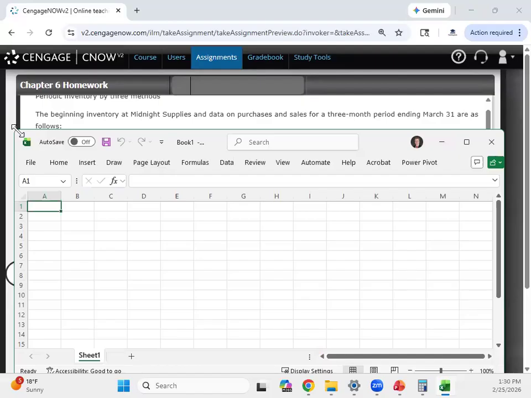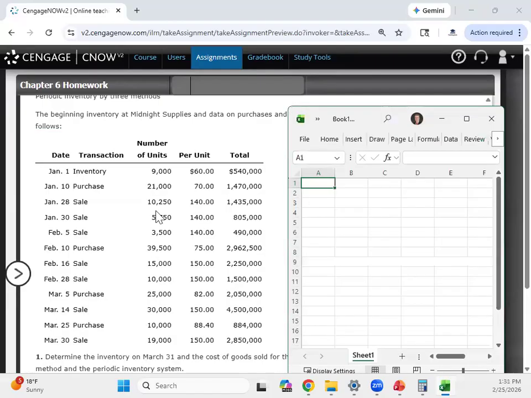When problems are complicated like this, it can be really useful to bring them up in Excel.